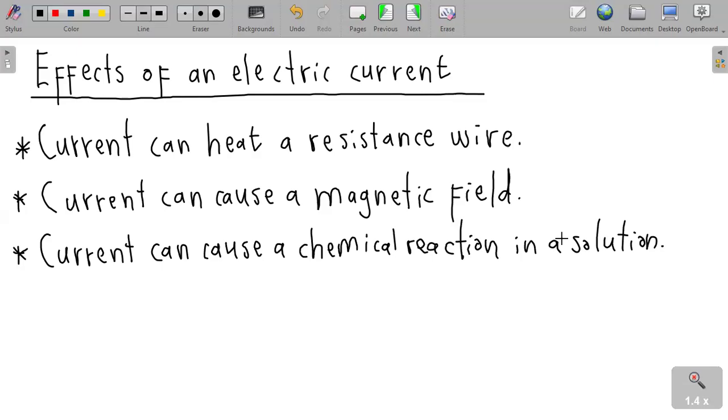So these are the three main effects that we're going to look at for this lesson, because you should understand what the effects of current can be. It's not only in a circuit, it can also happen in a chemical reaction where the electric current can break down the compound into ions. We will see it later.